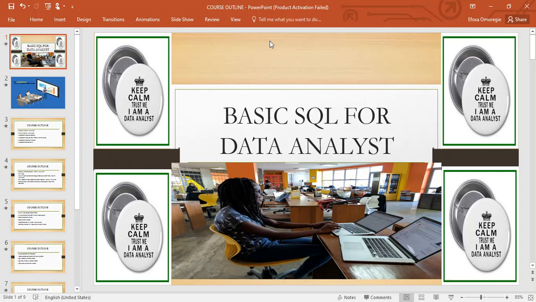Of course, there are so many tools that a data analyst can use. If you know Excel, you can also manipulate data with Excel. Python can also be used to manipulate data. Microsoft R can also be used to manipulate data, and so many other languages. But this is easy for whoever is new and is aspiring to become a data analyst. This is easier compared to other programming languages.